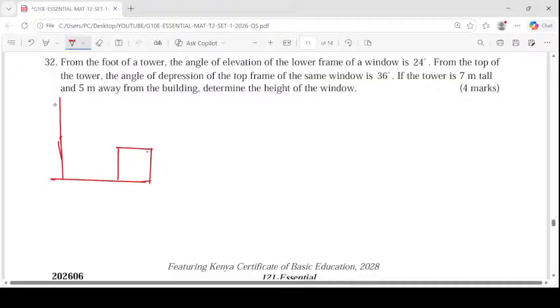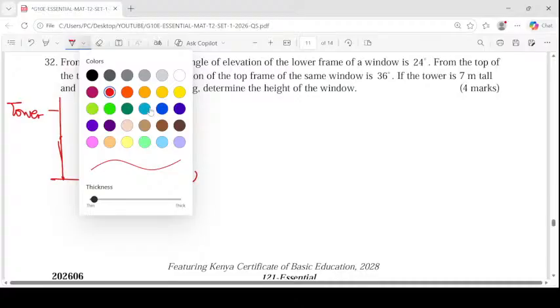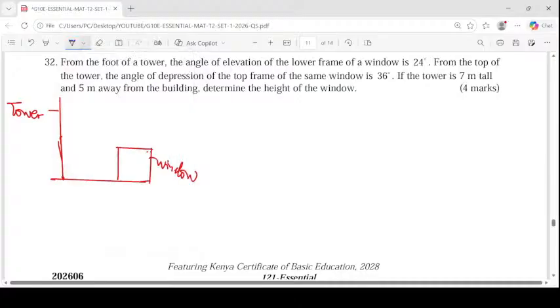Let me call this the tower, and this is the window. Let us now analyze the language. They are saying from the foot of the tower, let me use a blue ink, the angle of elevation of the lower frame.